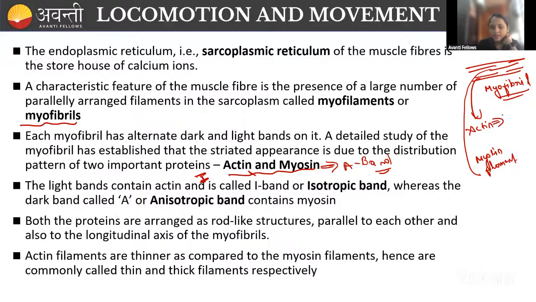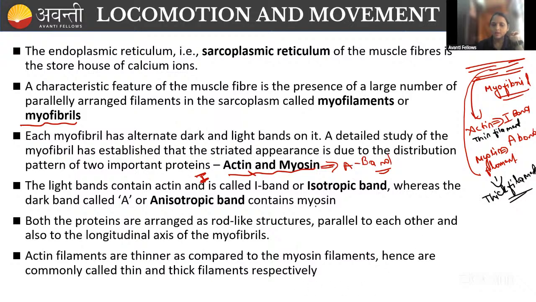The actin filament we call the I band, and the myosin filament we call the A band. Another name for the actin filament is thin filament. And the myosin filament is also called the thick filament. Kindly make a note of this.